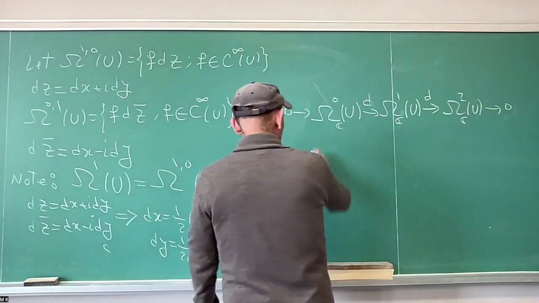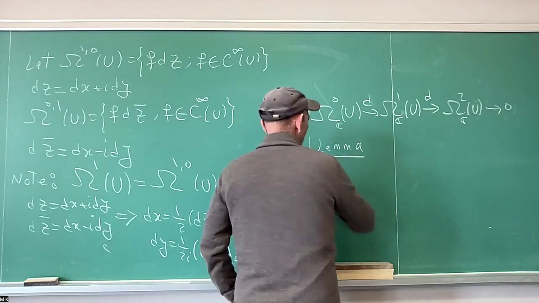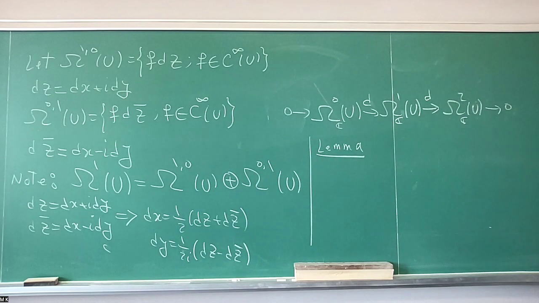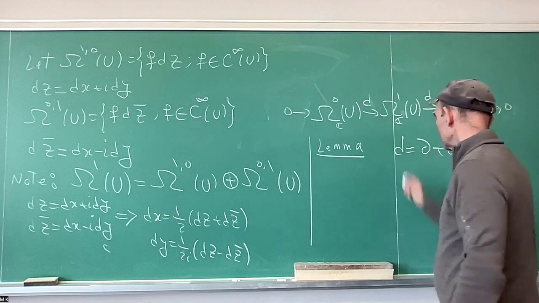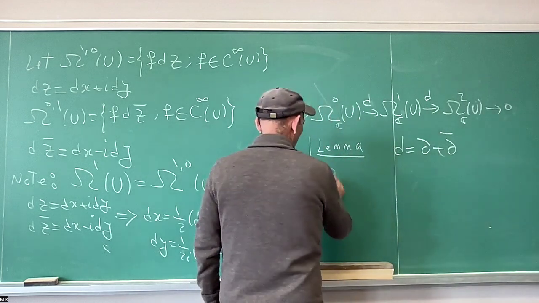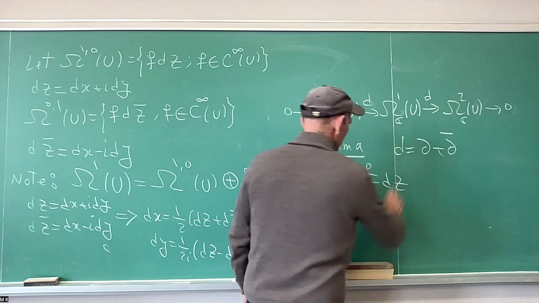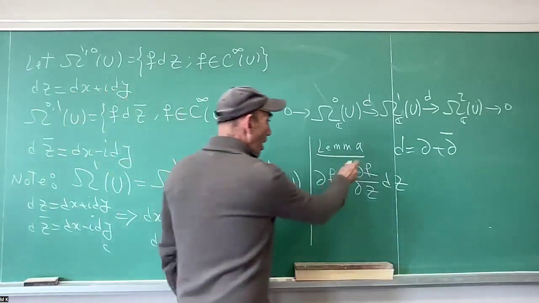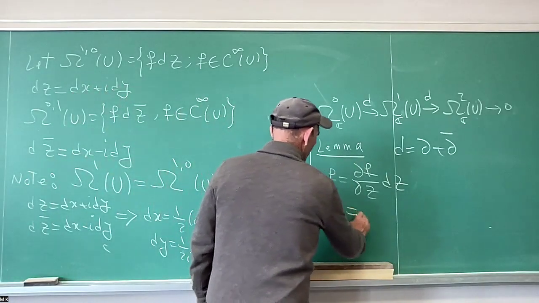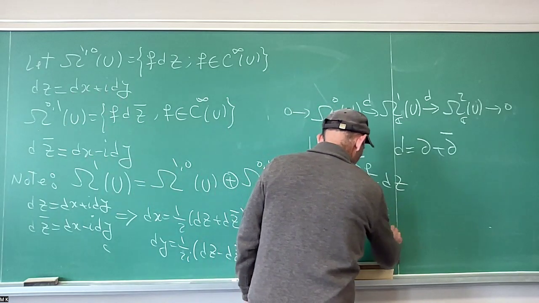Okay, then what happens to the differential? For the differential, there's this little lemma: the differential d also decomposes as del plus del bar, where del of f is df/dz times dz, and del bar of f is df/dz bar times dz bar.